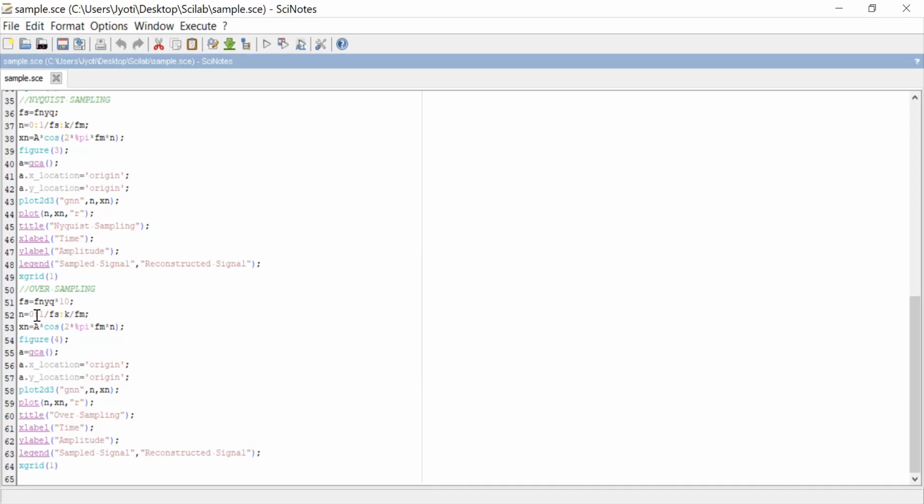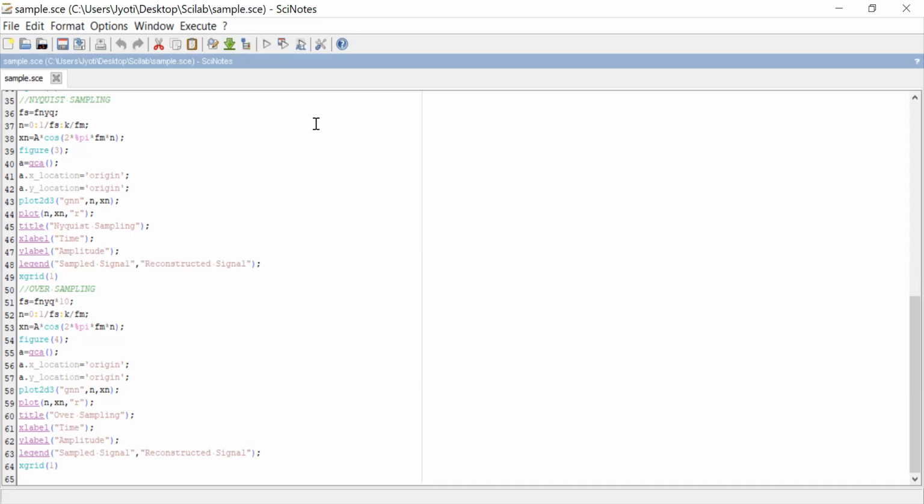Next, for that we assign the n value, where the x-axis values will start, where they will end, and in steps of what, for this Fs. Then we generate the cosine wave for this Fs value. Similarly the graph will be generated for oversampling. Figure 4 indicates oversampling. X label, y label, title, legend, x grid, all these things will be displayed. This is the explanation for the sampling theorem program.